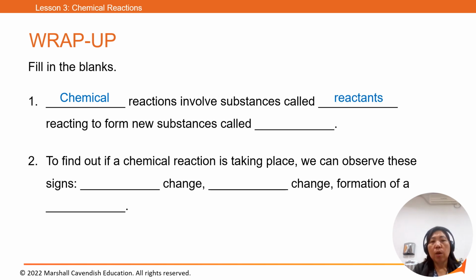These reactants will react to form new substances called, remember just now, products. Very good. Now, number two, to find out if a chemical reaction is taking place, we can observe these signs. Remember just now, what do we have? Yes, we have color change, temperature change, and formation of a new substance, or we can say gas.